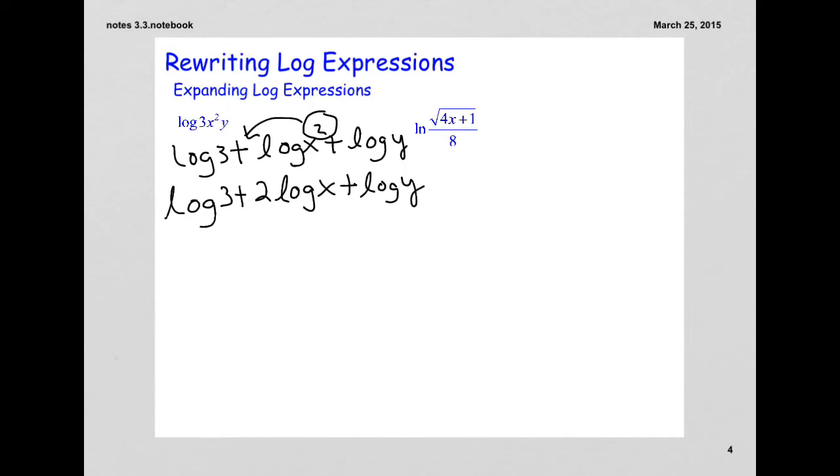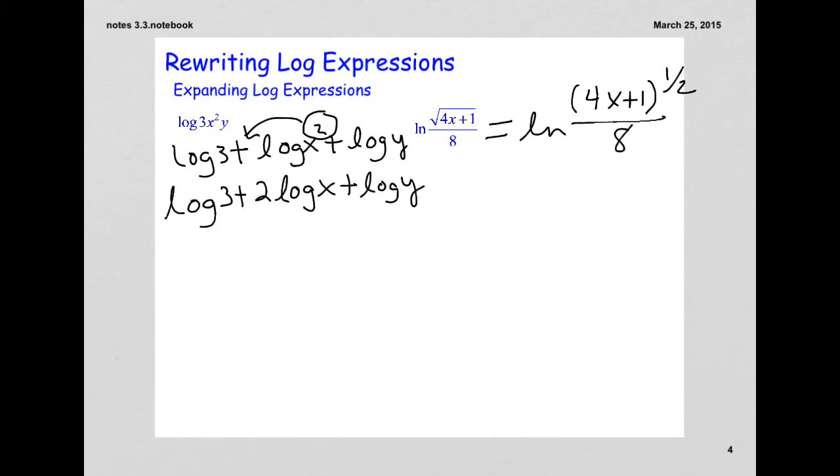Now, let's look at the next problem. I can't simplify with roots, but I can simplify with exponents. So I need to change my square root into an exponent. So that's going to be equal to ln of 4x plus 1 raised to the 1/2 power over 8.